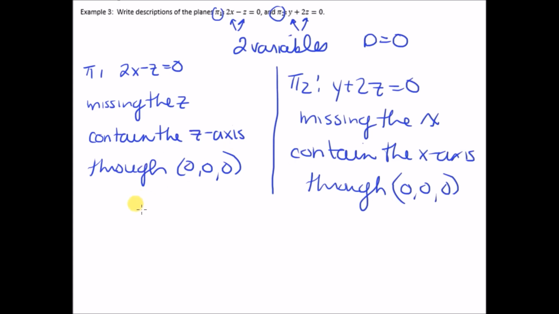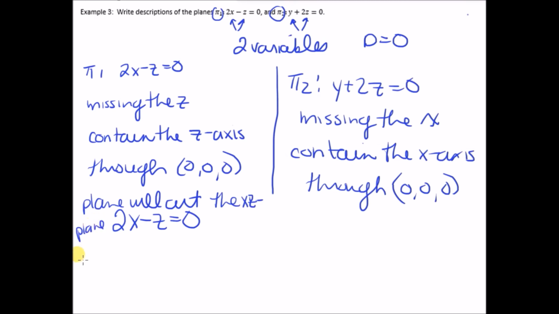Okay, so I just want to point out, see this 2x minus z equals 0. So our plane will cut the xz plane along this line, along the line 2x minus z equals 0.